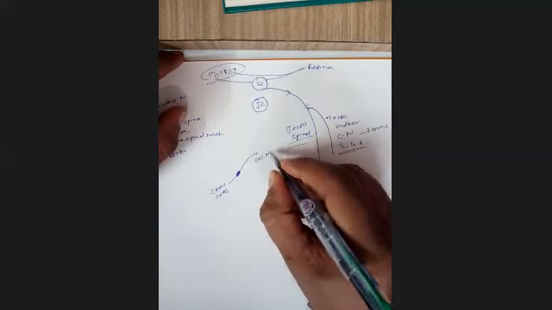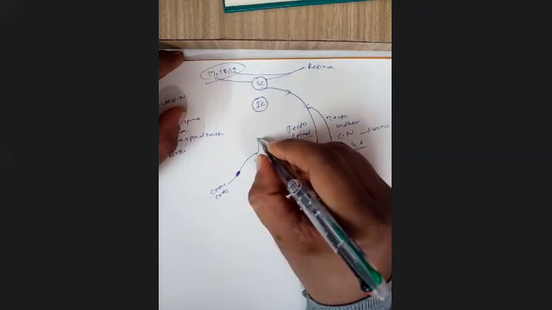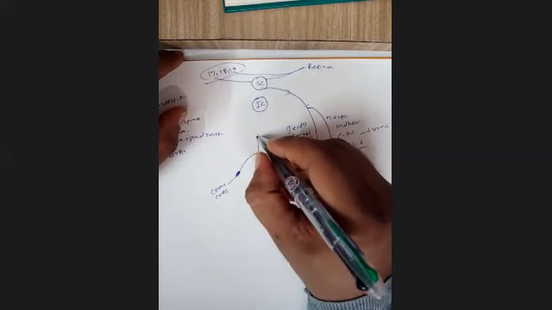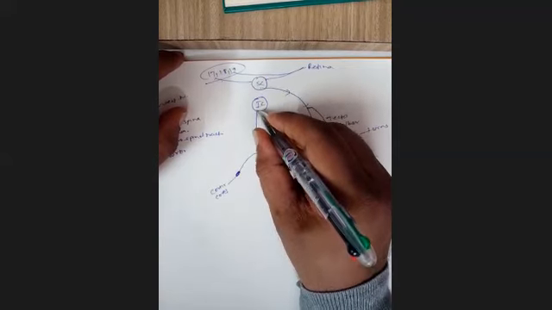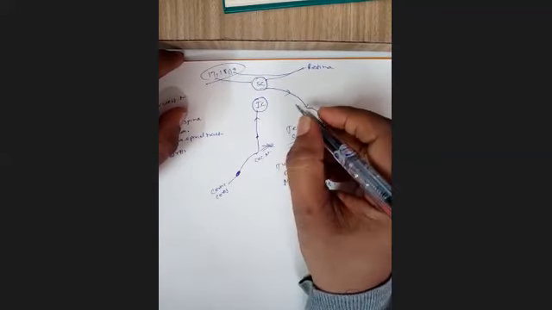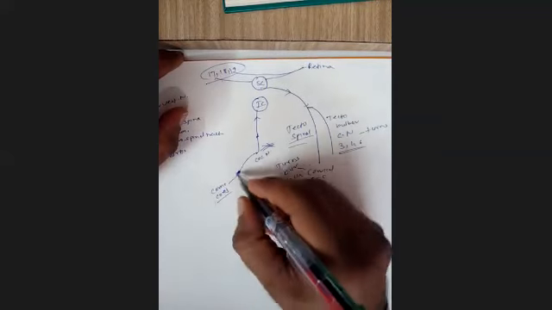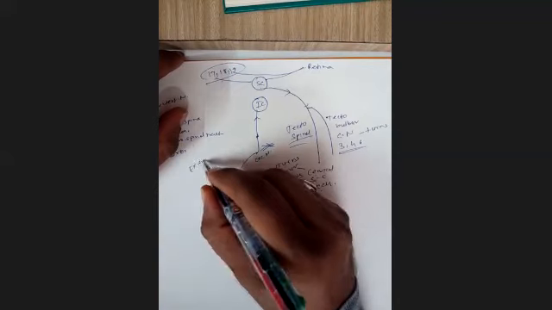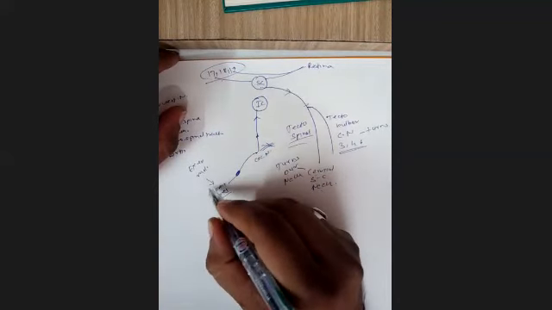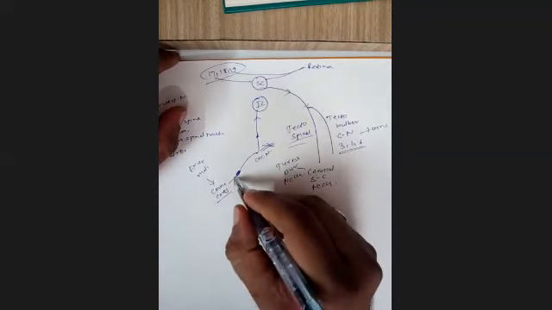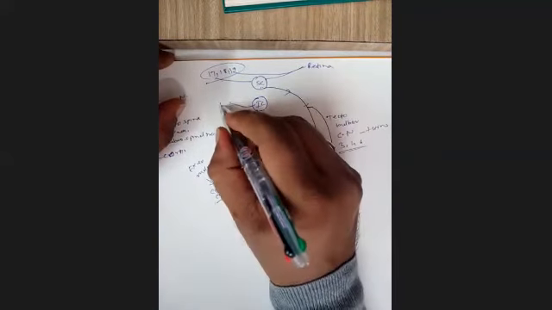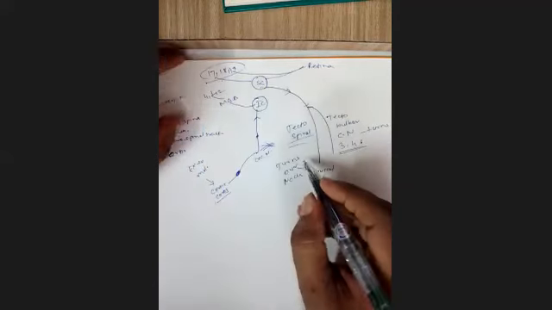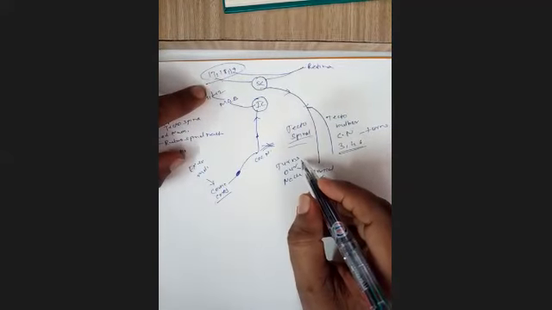From the cochlear nucleus, it goes to the superior olivary nucleus, and then there is the trapezoid body, a slight crossing over, and ultimately the auditory pathway reaches the inferior colliculus. From the inferior colliculus, it goes to the medial geniculate body, and from there to areas 41, 42, where the sound is interpreted.